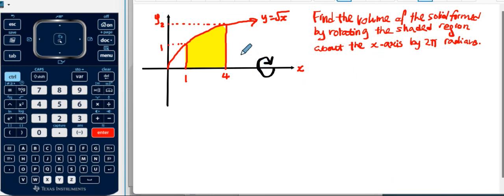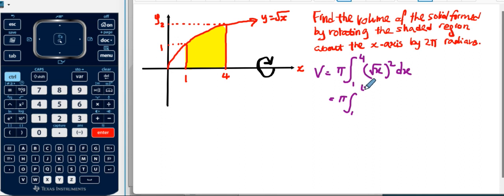So we now try to find the volume. The volume in this case is pi, because pi is a constant, I can take it outside of the integration sign, from 1 to 4 of square root of x, everything squared, dx. So that becomes pi times the integral from 1 to 4 of x dx.